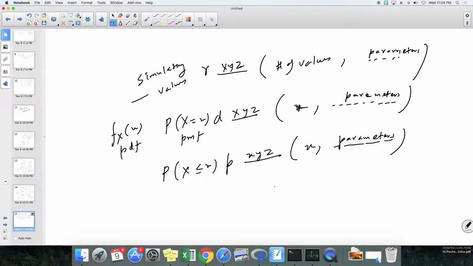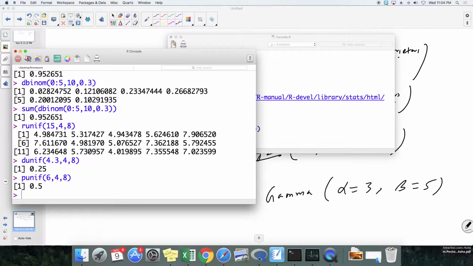Suppose I want gamma with alpha equal to 3 and beta equal to 5, and I want 20 variables from that. So I will write rgamma, 20 variables, and then the parameters: shape equal to 3 and scale equal to 5.